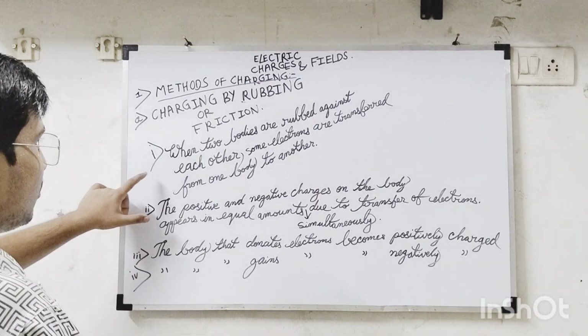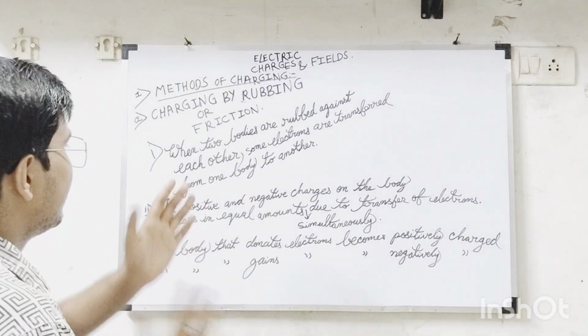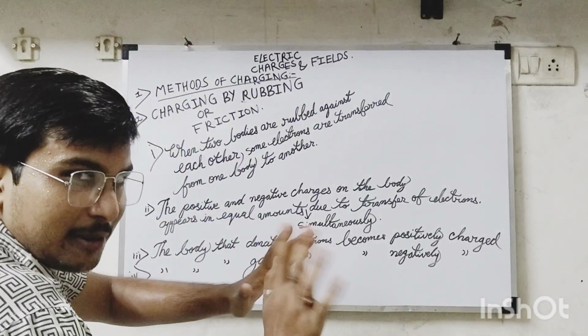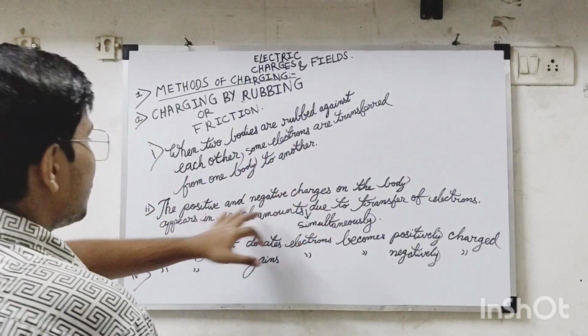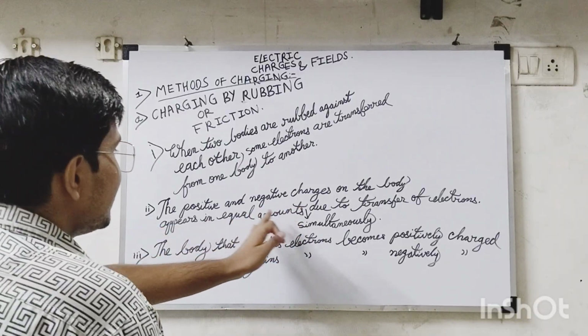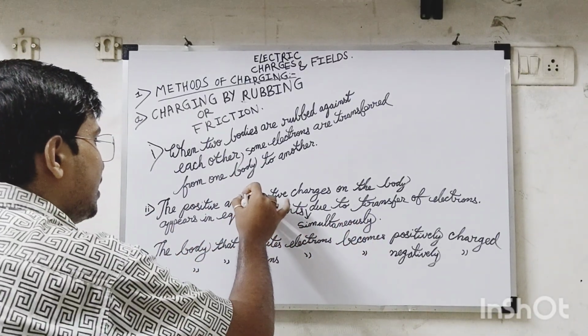So, what is it telling? Rubbed. Okay. Don't think it is a rubber. Now, some electrons are transferred from one body to another. The positive and negative charges on the body appear in equal amounts simultaneously due to the transfer of electrons.